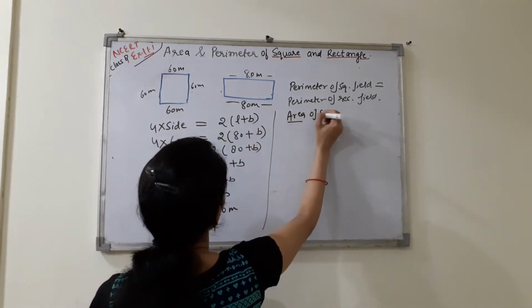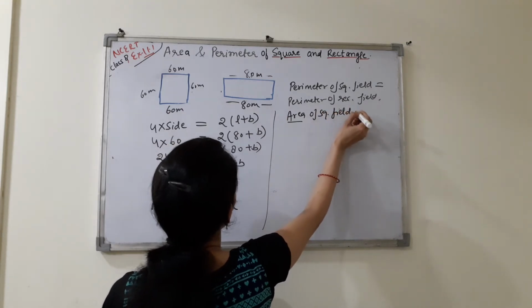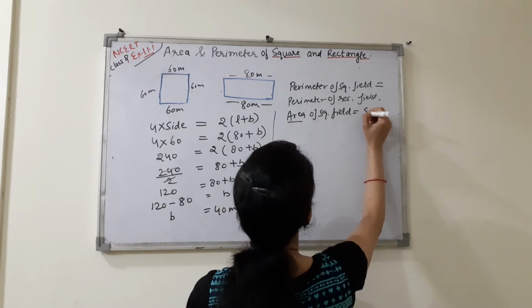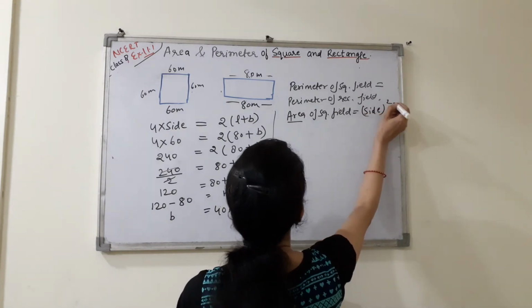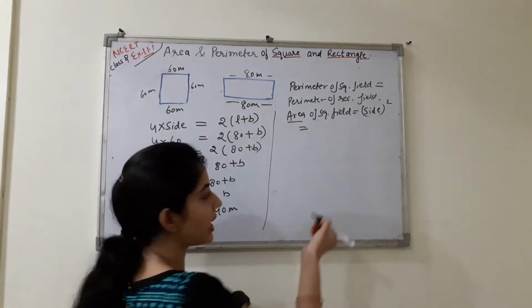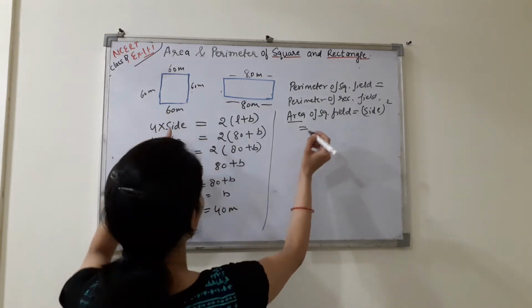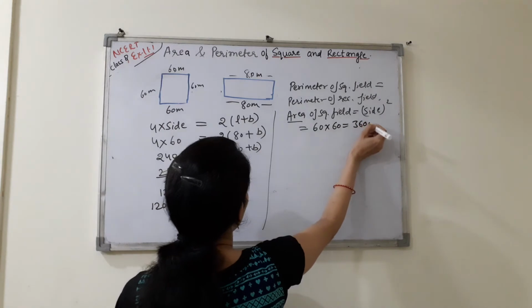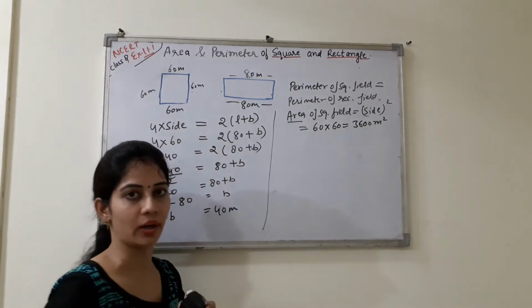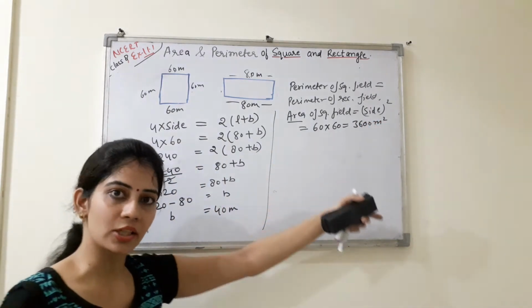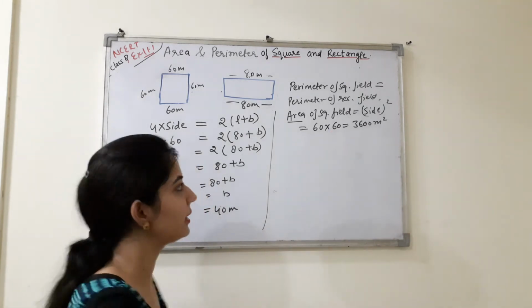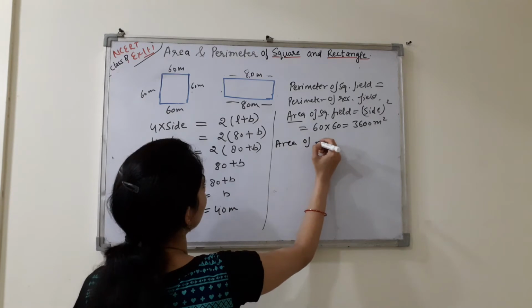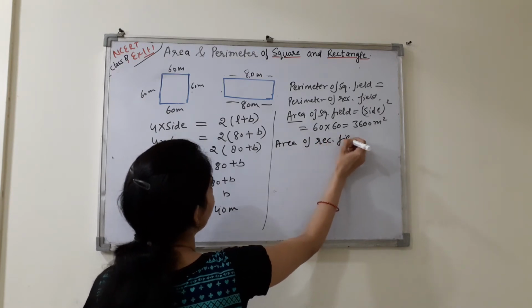So now we will find the area. The area of the square field will be, area is your side square, right? Or we can say side into side. So this is the side you have been given, 60 into 60. So this is your 3600 meter square. Area will come in meter square or in square units, right? So now we will find the area of the rectangular field.